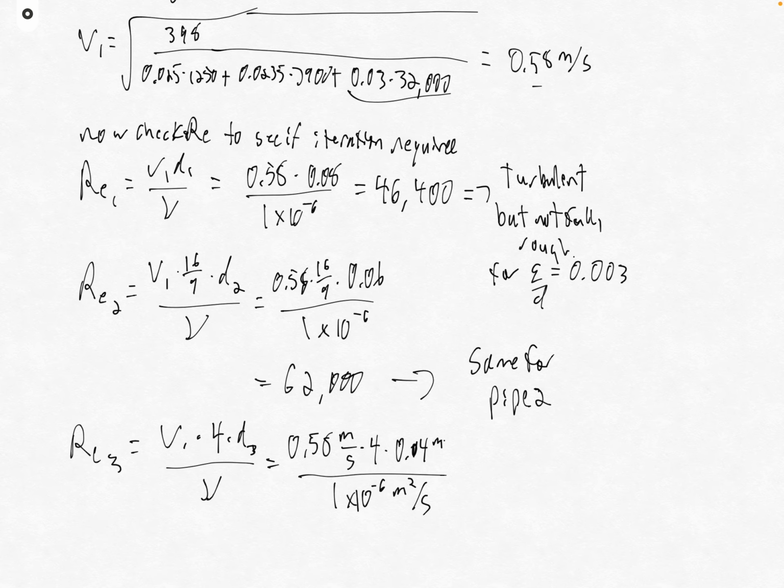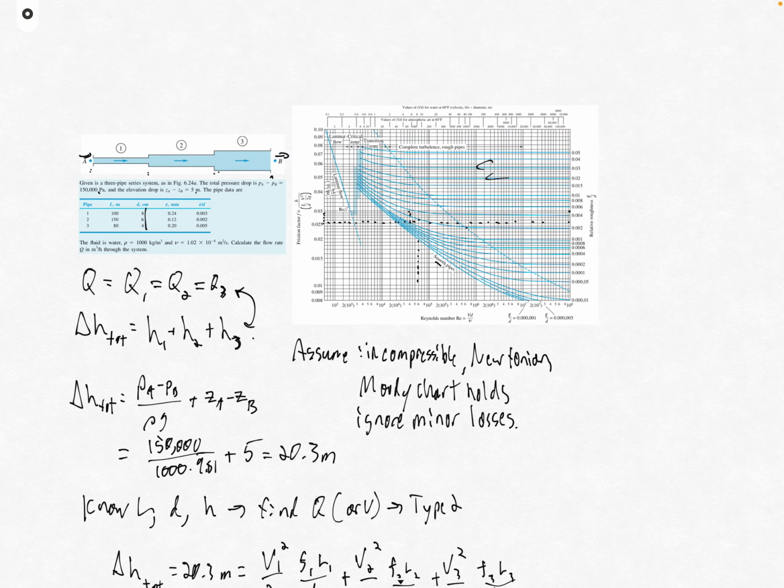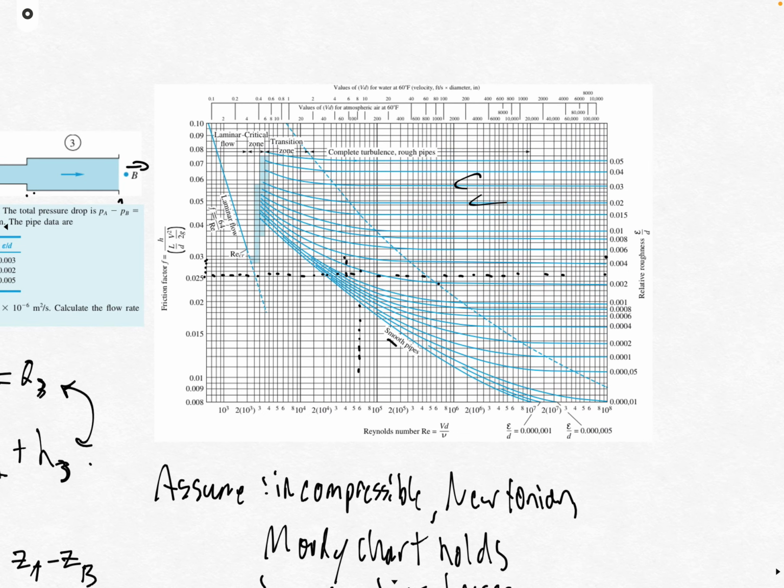We can see that the units cancel out, and our Reynolds number is dimensionless as it needs to be. 0.58 times 4 times 0.04 divided by 1e minus 6 gives 92,800, or about 93,000. Again, if we check, epsilon over d of 0.05 and a Reynolds number of just under 10 to the 5th, we are also in this transitional zone.